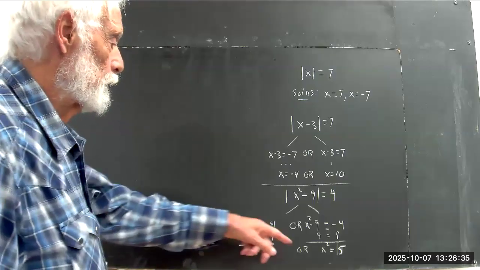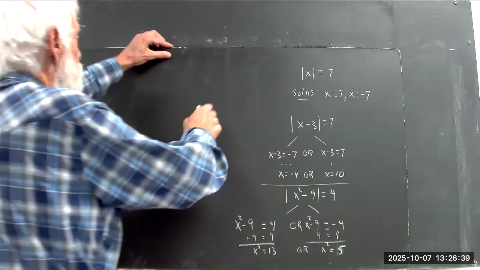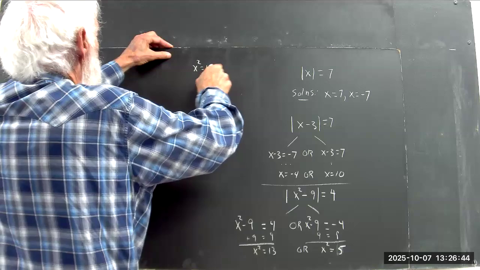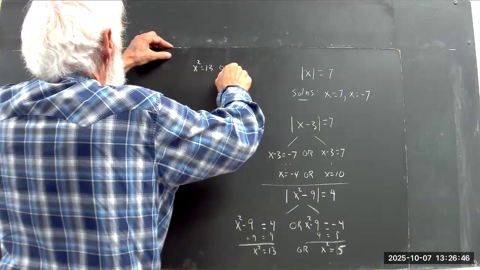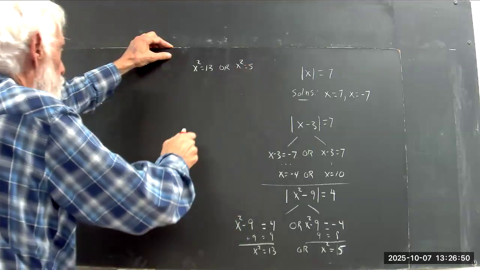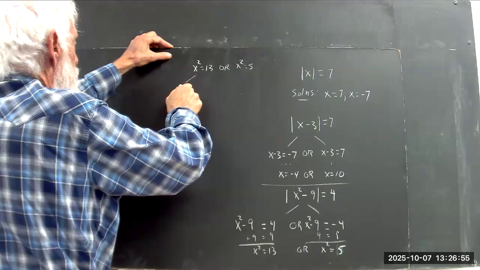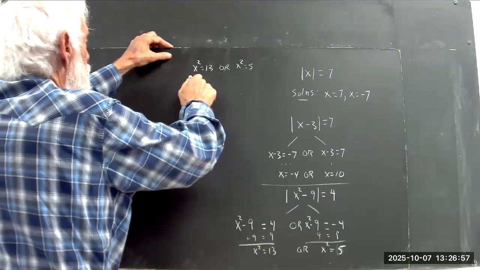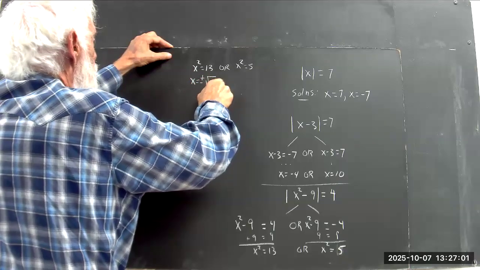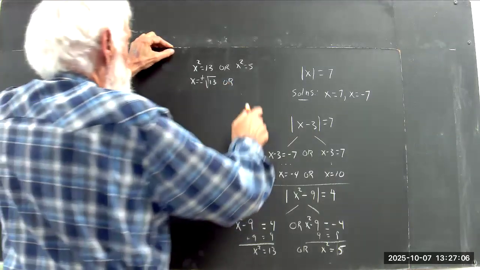Okay, what do you do with x squared equals 13? What do you do with x squared equals 5? Well, we've talked about this. This means x equals plus or minus the square root of 13.